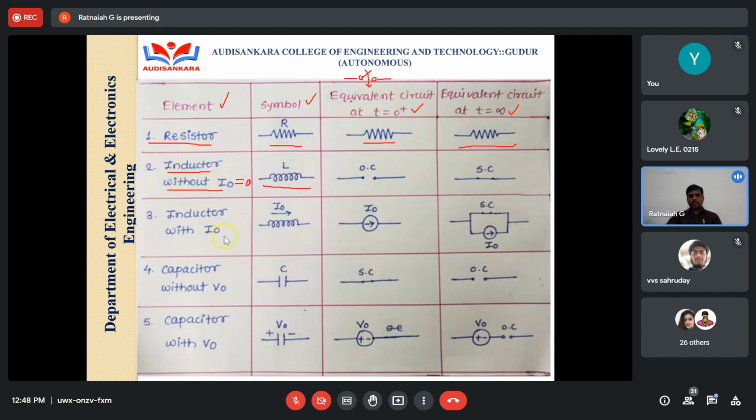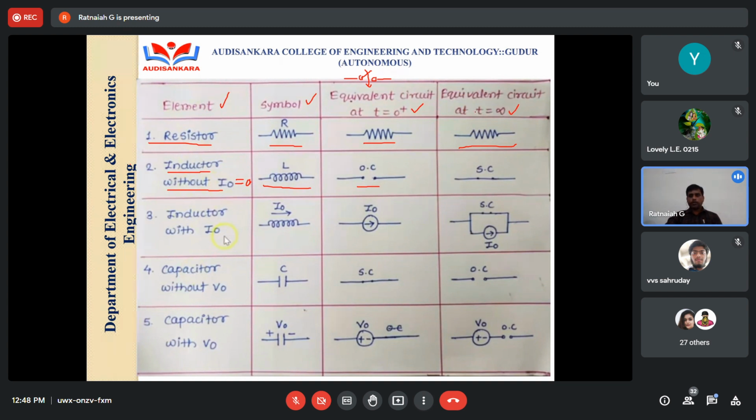So 0 current means it will act as an open circuit. Keep in mind, the inductor will act as an open circuit because it cannot allow instantaneous changes in the current. That means it cannot allow sudden changes in the current. That's why the inductor behaves like an open circuit at t is equal to 0 plus.